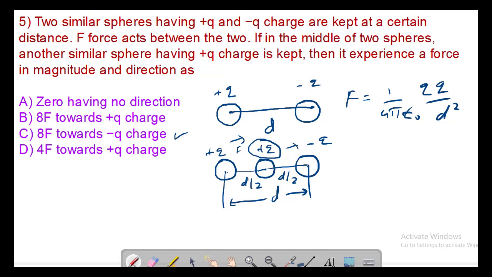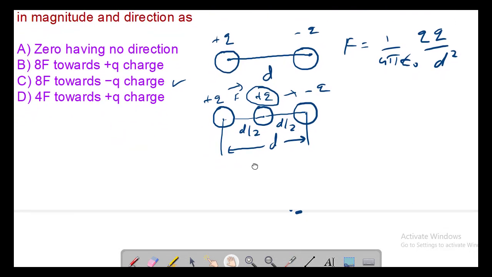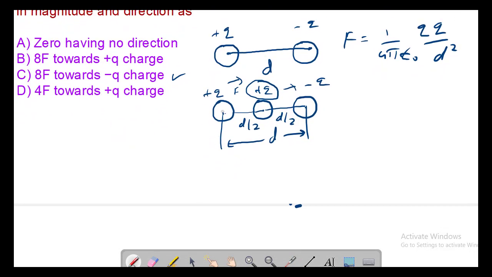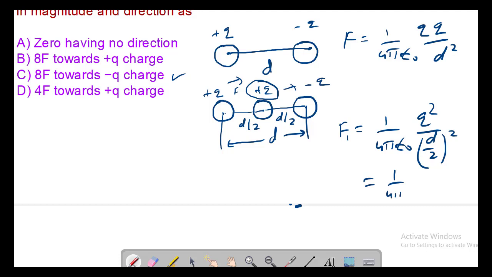We do not need to solve further, but we will solve it further because we need to find the magnitude. How do we find the magnitude? First we find the force because of these two charges, plus and plus. Let this be F1, so it is 1 upon 4 pi epsilon 0 q square upon d by 2 the whole square. d by 2 goes up, so 2 square is actually 4, so we get 4 q square upon d square.